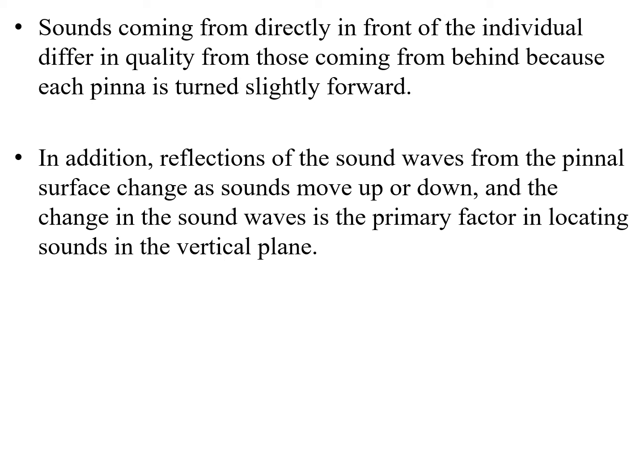So if a sound moves up or down, it is reflected in a particular manner from the pinnal surface. Our brain is equipped to distinguish these patterns and identify these reflected sound waves, and this is how we can determine whether the sound is coming from above or at the level of the ear or below.